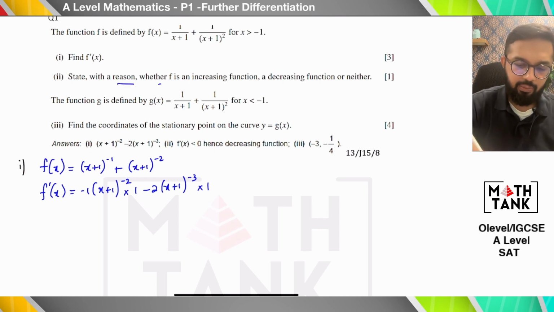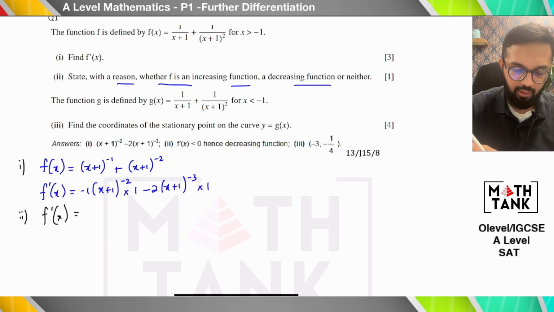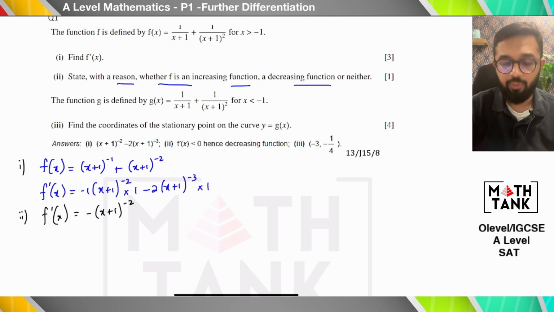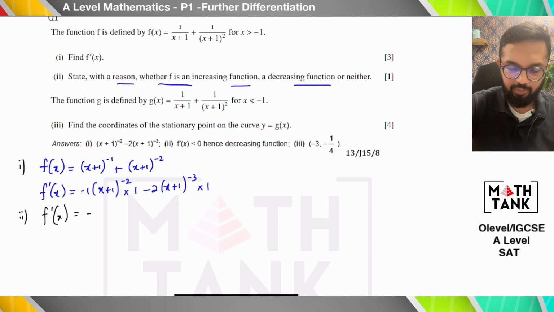It says state with the reason whether f is an increasing function, a decreasing function, or neither. So what I can conclude from here is that when I observe f bar of x, the first term is negative, because although there is a square over it, if I were to simplify this, it would look something like this, with power 3.